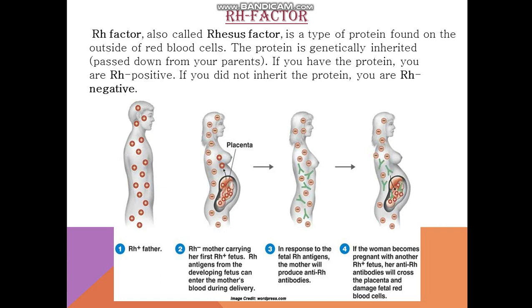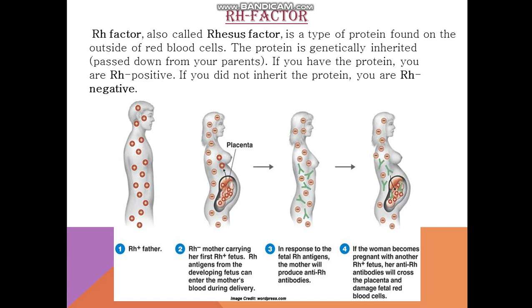So again, when the second pregnancy occurs, the fetus is again Rh positive. When the fetus is in the initial stages of gestation, the antibodies present in the blood of the mother will act on the blood of the Rh positive fetus and will not allow the fetus to develop, because these antibodies will be fatal for the red blood cells present in the fetus.